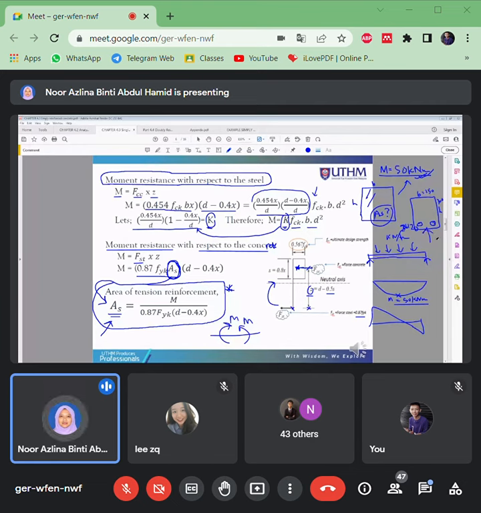What's the capacity of the moment resistance that this beam section can support? So dia terbalik pula. Kalau macam ni, dia dah bagi moment, beam ni perlu provide berapa bilangan bar. Size apa yang sesuai untuk steel reinforcement untuk support this load.